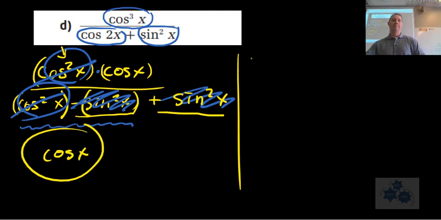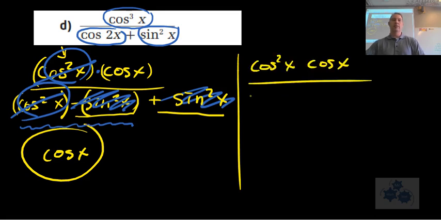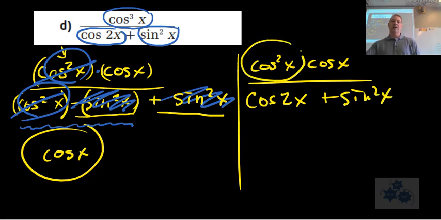Well, okay, so let's do this. Let's go from this cos squared x, cos x. Okay, let me just rewrite some of the stuff. And cos of 2x plus sine squared x. Okay, so let's write this maybe as 1 minus sine squared x. 1 minus sine squared.